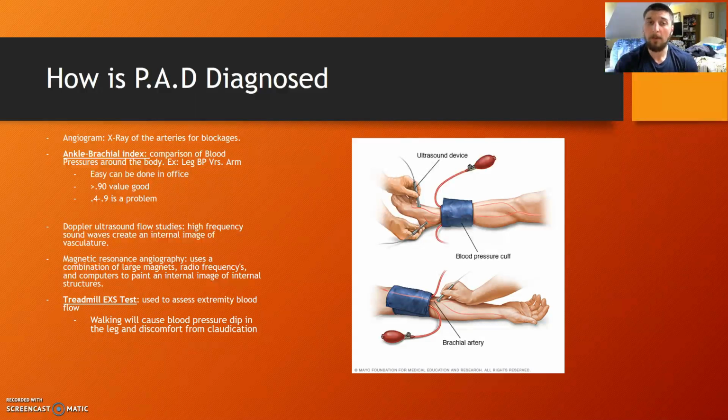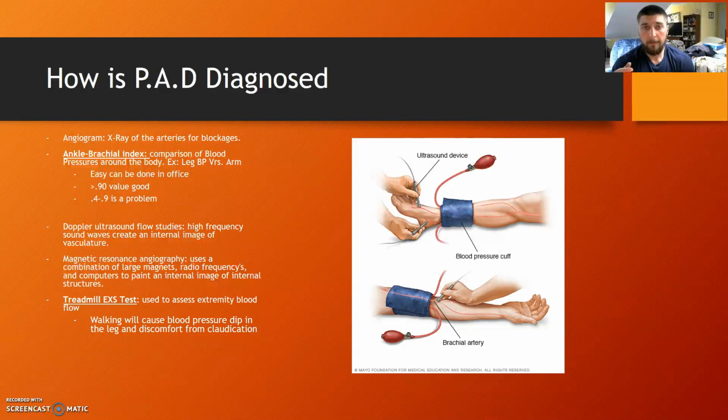But two very common low-cost methods for diagnosing PAD are the ABI index, or the ABI, and the treadmill exercise test. And I actually thought that the ABI was pretty clever, and I didn't really think of it initially, but you take blood pressure in your arm, and then you take blood pressure in your leg.